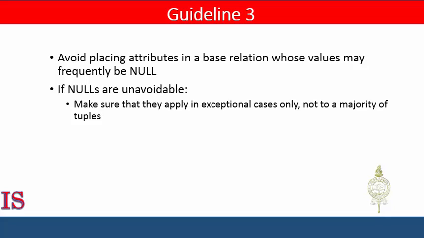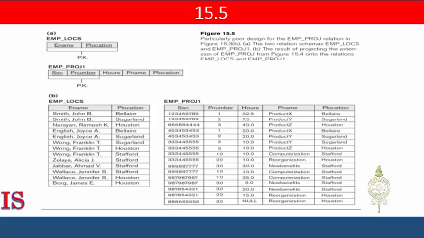For example, if only 15% of the employees have individual offices, there's little justification for including an attribute office number in the employee relation. Rather, a relation, let's say Offices, with the social security number and the office number as attributes, can be created to include tuples for only the employees with individual offices.